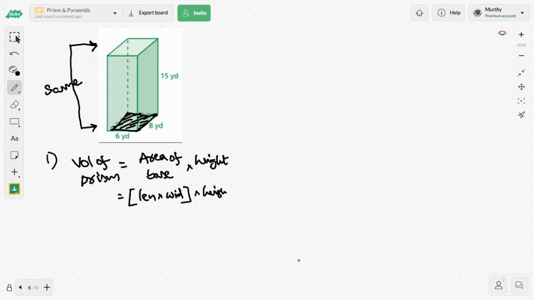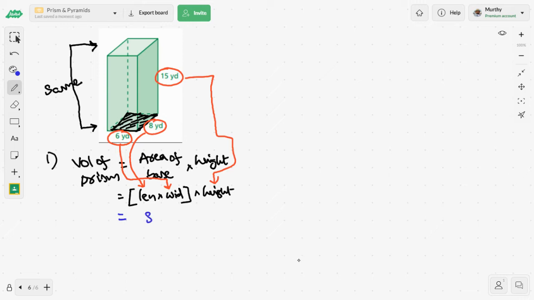So let me plug in these values. I know that length is 8 yards, so that goes here, and width is 6 yards, that goes here, right? And the height of this prism is 15, so that goes here. Now let me plug in these values.